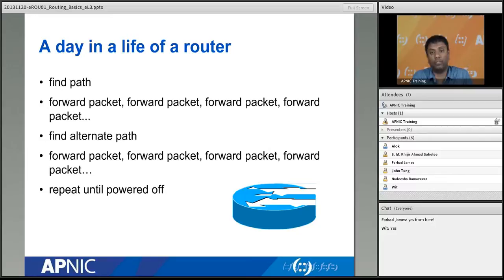So this is the job of a router: finding the path, forwarding the packet, finding an alternate path if the topology changes, and then continuing to forward the packet. This is what a router normally does until you power it off.